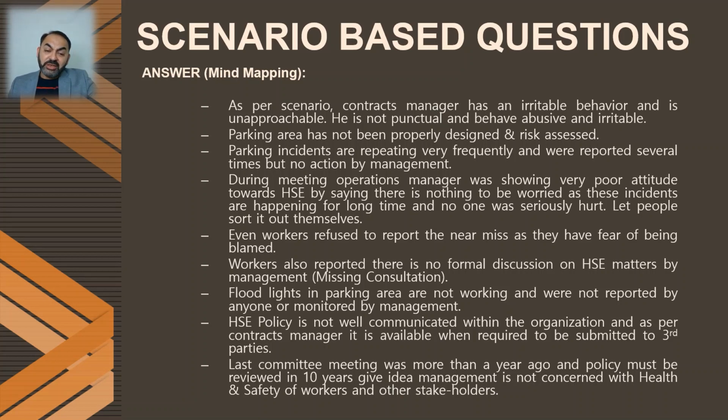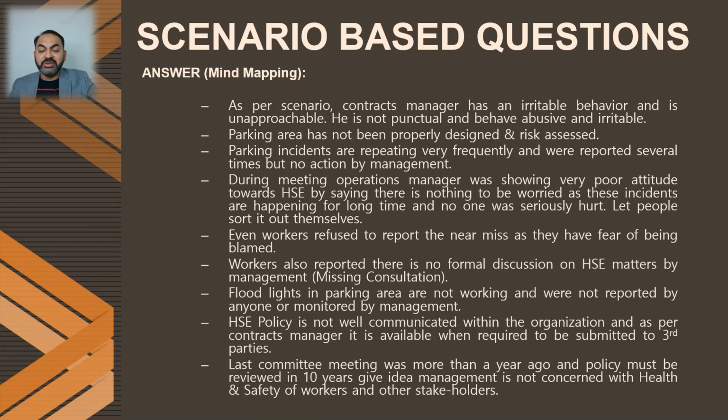Our last committee meeting was more than a year ago, and even for the health and safety policy, they mention in their policy that it must be reviewed in 10 years. Guys, we all know that these meeting frequencies should be very frequent. Even the frequency of review of the health and safety policy, as per regulations, is a minimum of once a year.